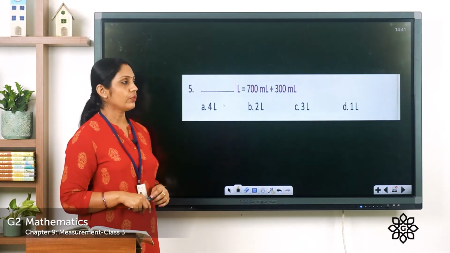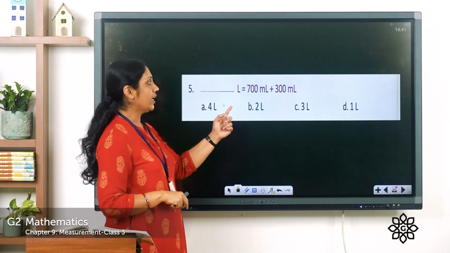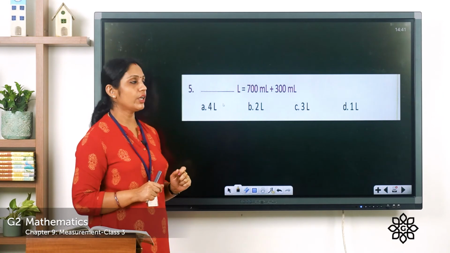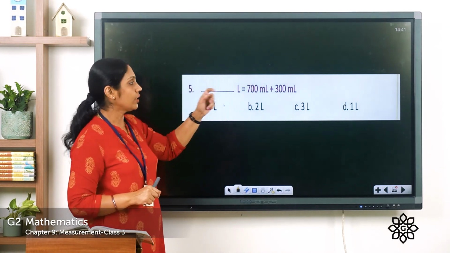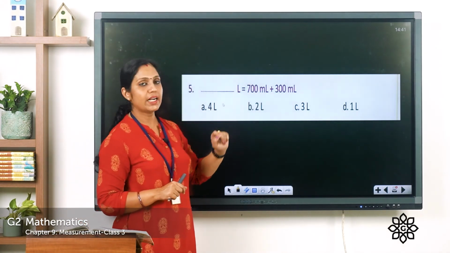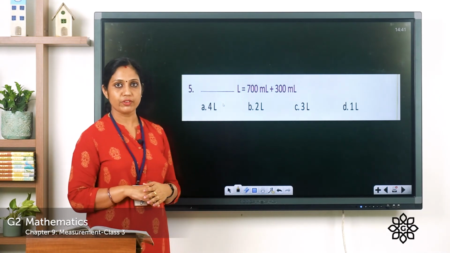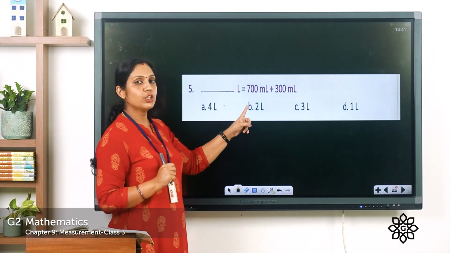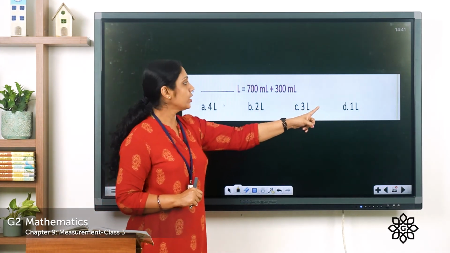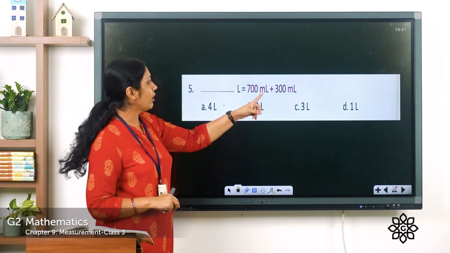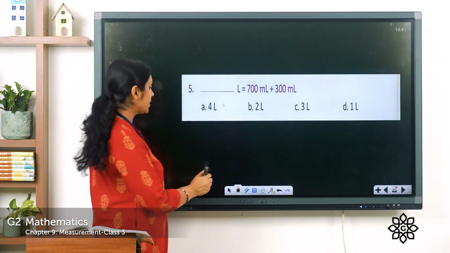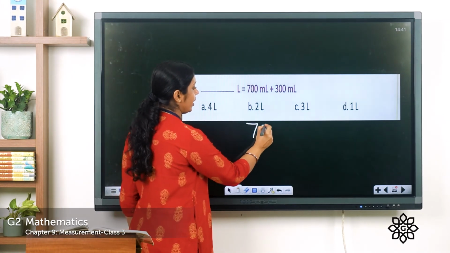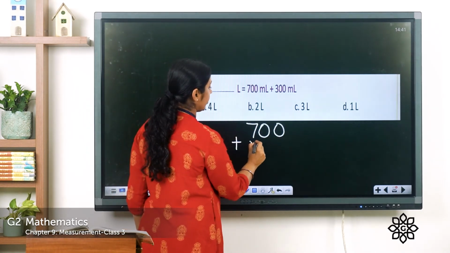Let's move on to the fifth question. Dash L is equal to 700 ml plus 300 ml. So what we have to find out? Dash. Here is the missing number. So 700 ml plus 300 ml is equal to dash is what we have to find out. Let's look at the options. Option A, 4 liter, B, 2 liter, C, 3 liter, D, 1 liter. So let's add 700 plus 300.